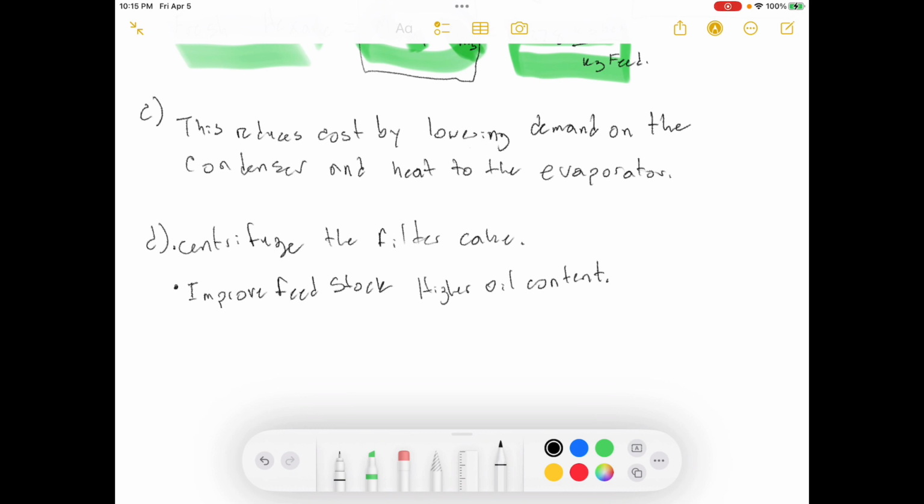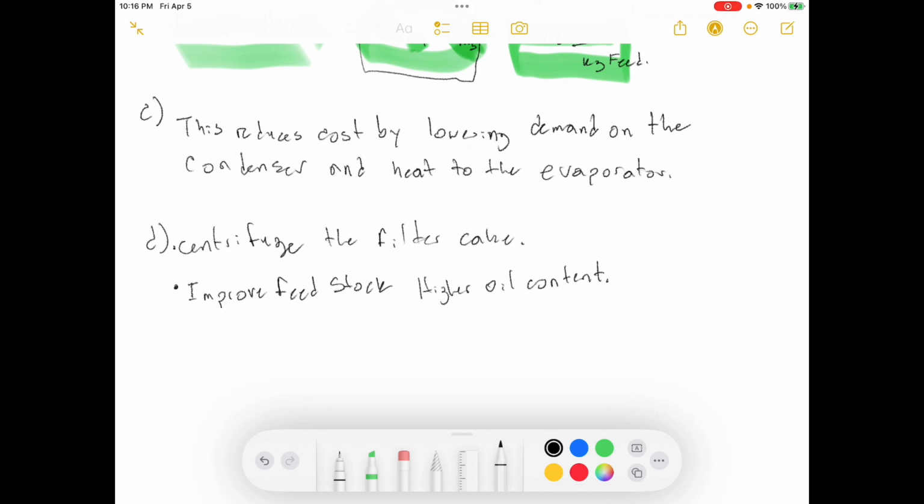Basically, you spin it really fast, and it separates the material by density. So the solids, which are typically more dense than the liquids, will move away from the center of the centrifuge, and the lighter material, the less dense material, which would probably be the oil and the hexane, would move toward the center.